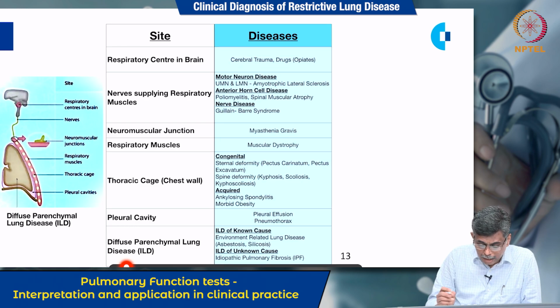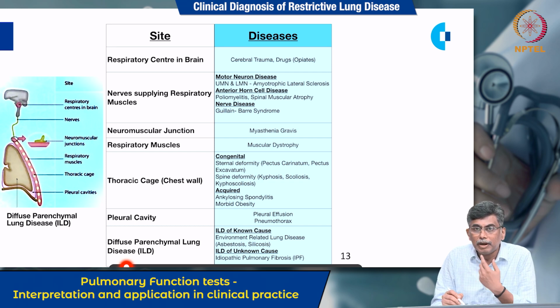categories? If we start from below, that is the lung parenchyma, it's otherwise called diffuse parenchymal lung disease, or interstitial lung disease, ILD. We have two important causes in that classification: ILD of known cause and ILD of unknown cause. ILD of known cause is because of exposure to environment related allergens.